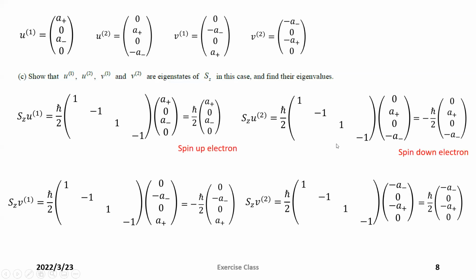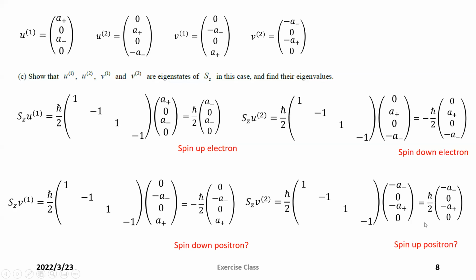So for the 2 positive energy solutions, we can just interpret them as spin up electron and spin down electron. But for the negative energy solutions, you may think that this will describe a spin down positron because it's minus h bar over 2, and this will describe a spin up positron.